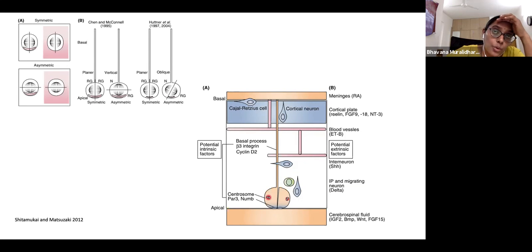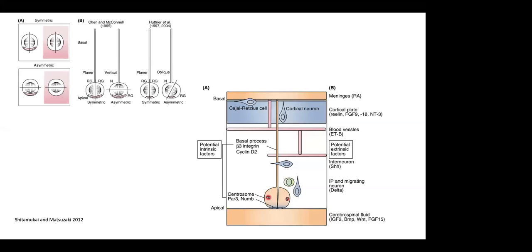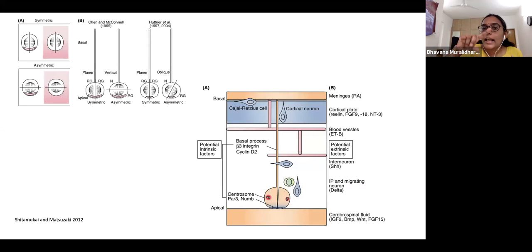Well, I don't know. I don't think the migration is connected to that. I will perhaps tell you a bit about how the different neural subtypes are generated, because some single cell RNA-seq studies show that.